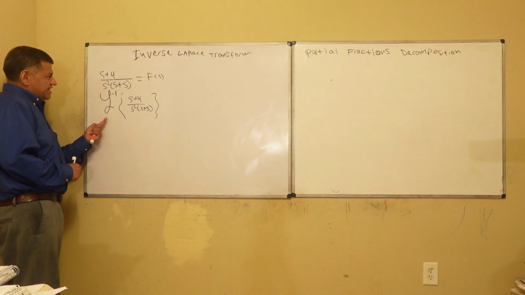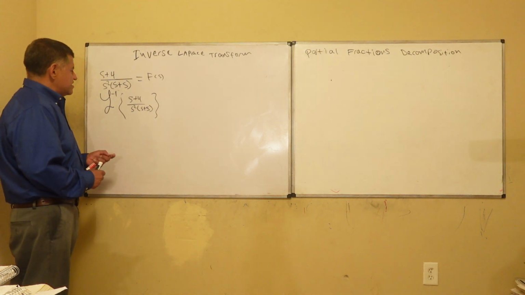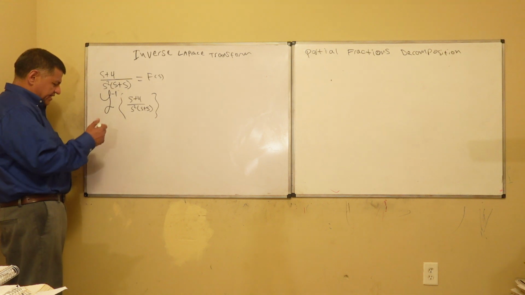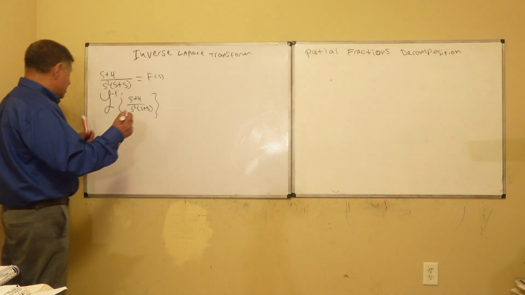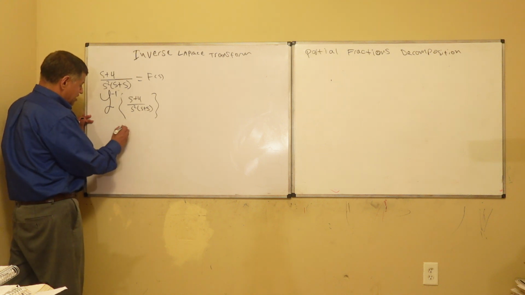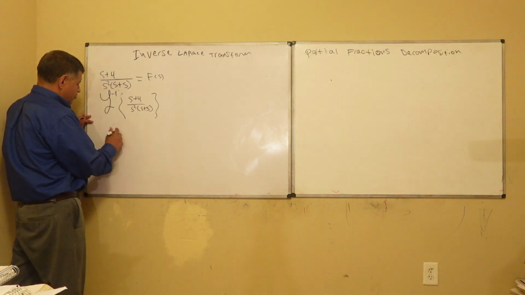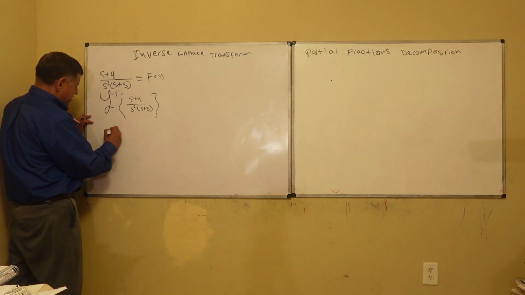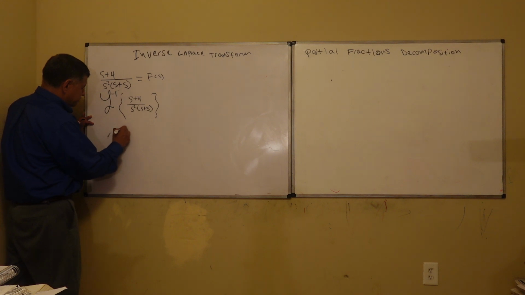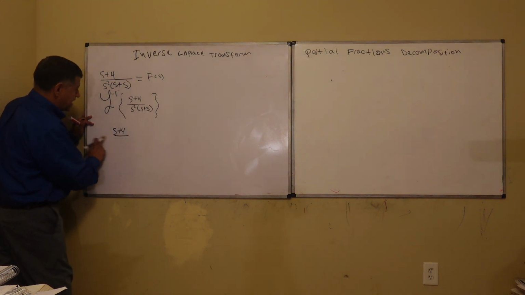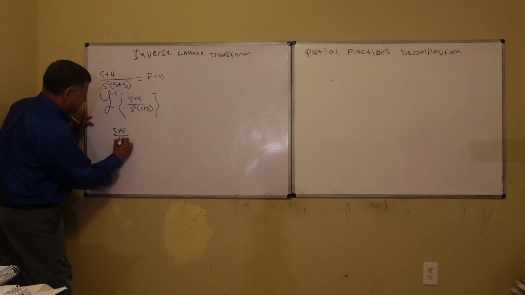Okay, so we're trying to find the inverse of this, right? So how do we go about this? Let's say we do s plus 4 on the top, and in the bottom s squared times s plus 5, right?